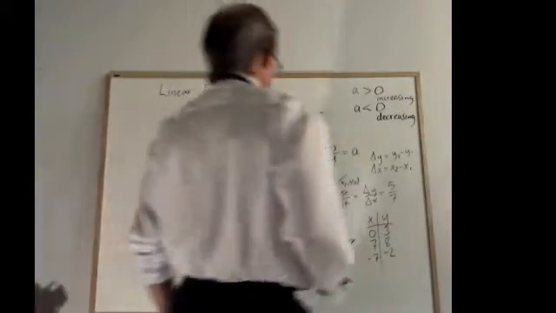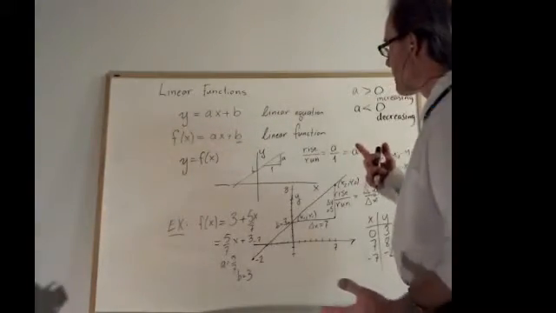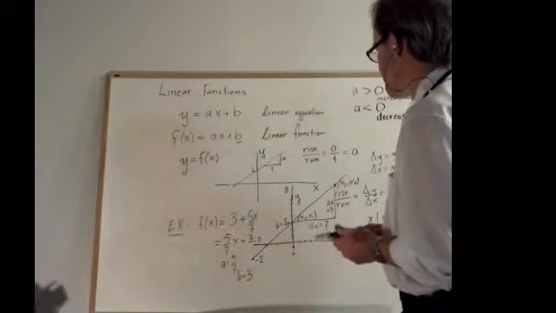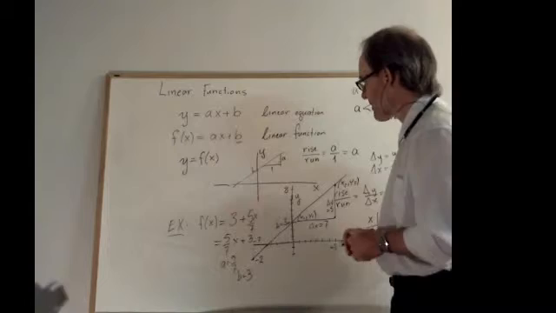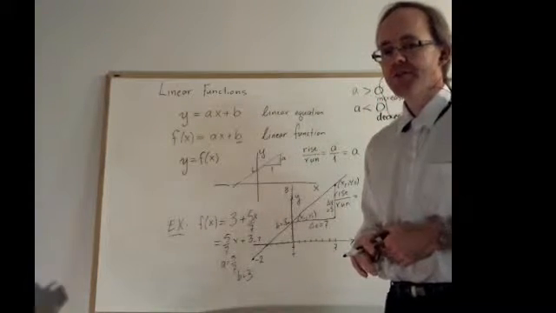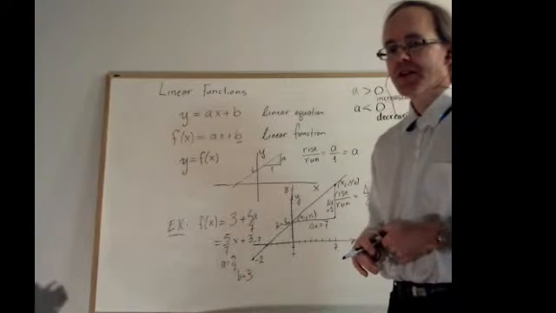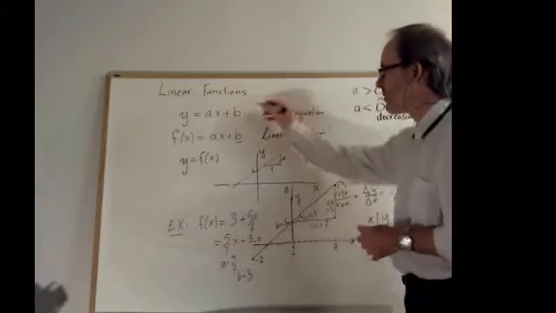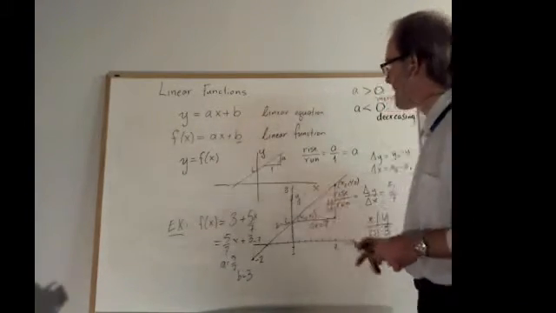All right, so how many parameters do I need to define a particular linear function? A parameter is some choice of constant in the formula for the equation of the function.